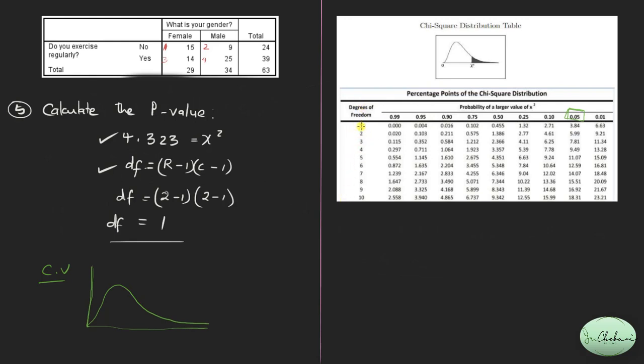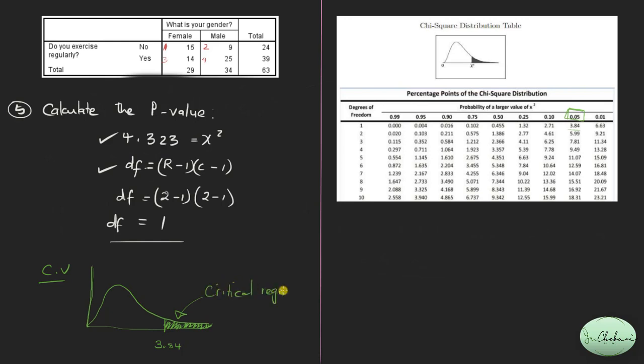We are working at 1 degree of freedom in our example, so if we go across to 0.05, our critical value is 3.84. We mark 3.84 on our graph, and anything beyond this point, we reject the null hypothesis. This is called the critical region.